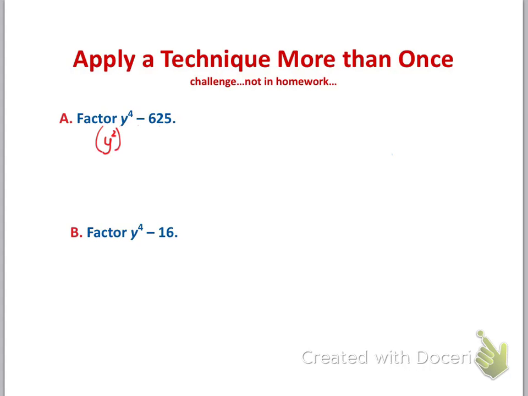It's y squared squared minus 25 squared. Okay, so when I rewrite this, this is going to become y squared plus 25, y squared minus 25.